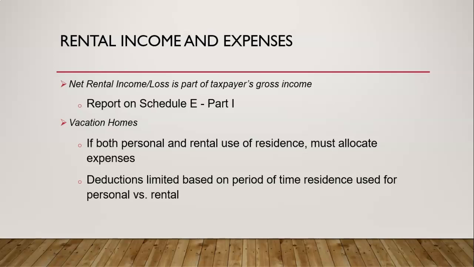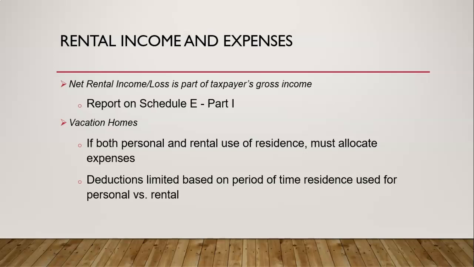On vacation homes, if there is both personal and rental use of the residence, you must allocate the expenses. So if you have a vacation home, maybe down at Hilton Head or something, and you rent it out sometimes, and sometimes you use it, or your friends or family use it, sometimes that's personal use, you have to allocate.